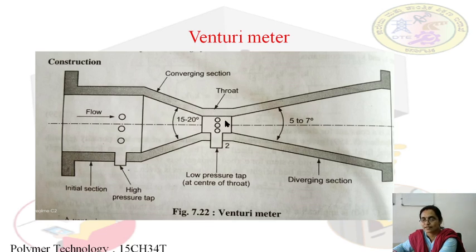So this is a low pressure area, and afterwards the fluid comes back to the original state in the diverging section. So it consists of a converging section, throat and a diverging section. The converging section has a cone angle of 15 to 20 degrees, and the diverging section has an angle of 5 to 7 degrees.